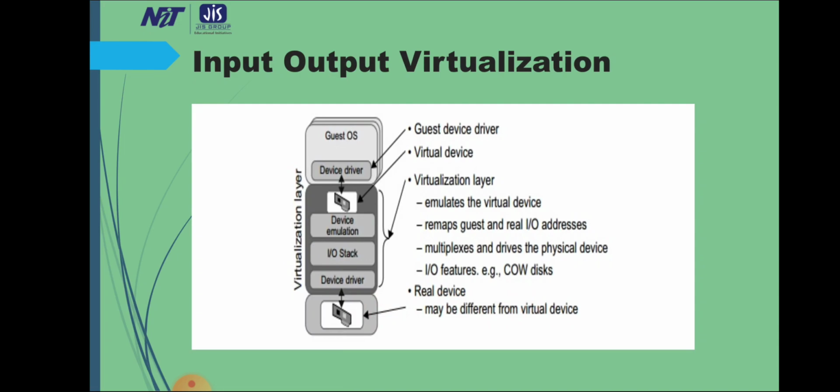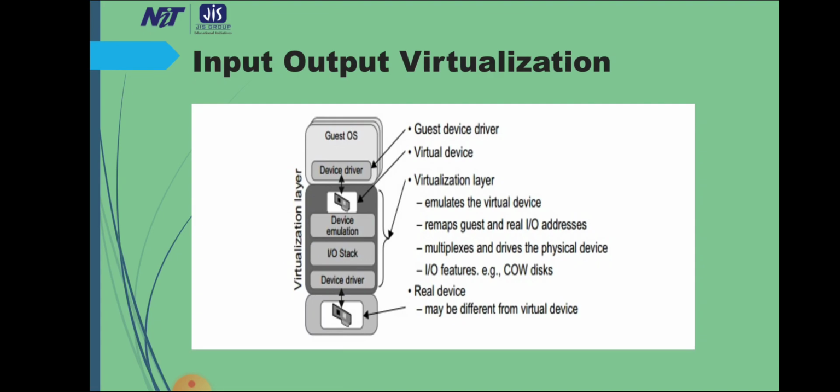They interact with each other via a block of shared memory. The front-end driver manages the I/O requests of the guest and the back-end driver is responsible for managing the real input-output devices and multiplexing the I/O data of different virtual machines.